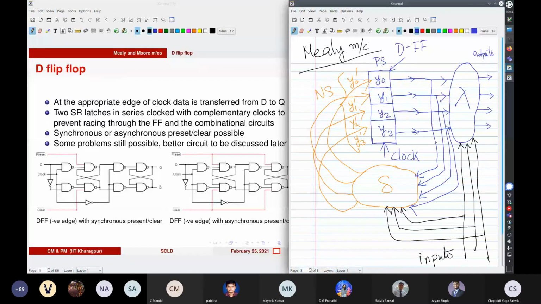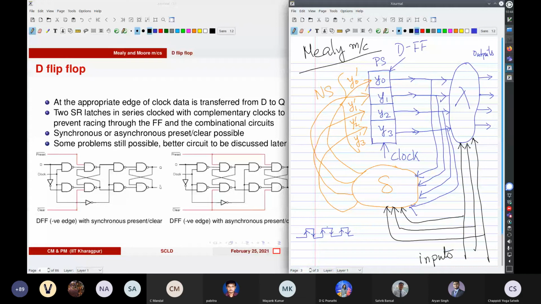Your clock is basically a train of pulses. These flip-flops are triggered either at the positive edge or at the negative edge of the clock. It depends on the design of your flip-flop.